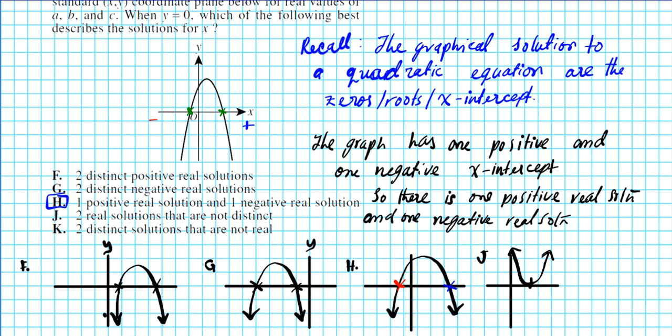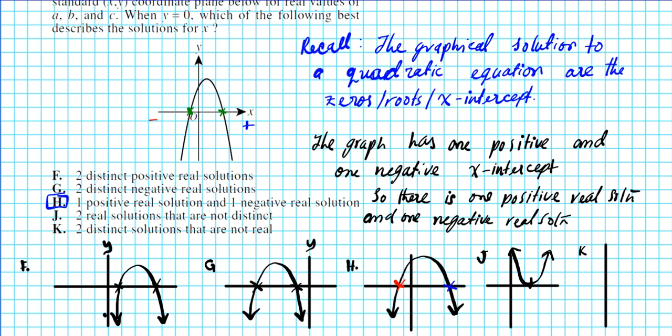And the last one, option K, you have two distinct solutions that are not real. Now this is the deal. When you have unreal solutions, they are always distinct. They always come as conjugate pairs. You can never have a scenario where you have a double root that's imaginary. It's impossible. Okay?